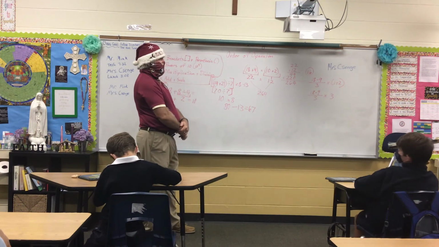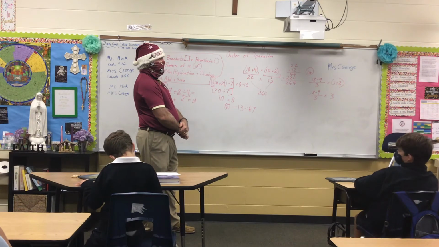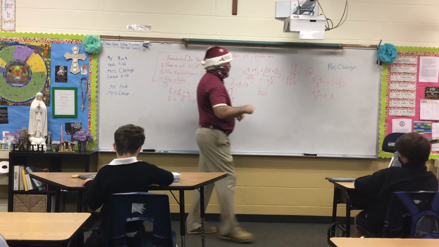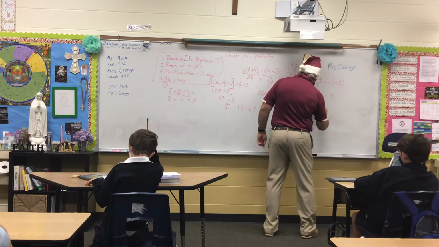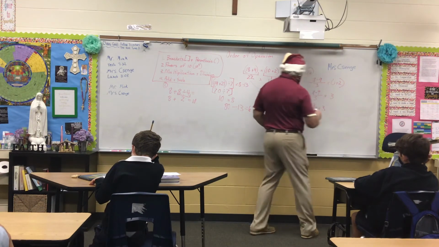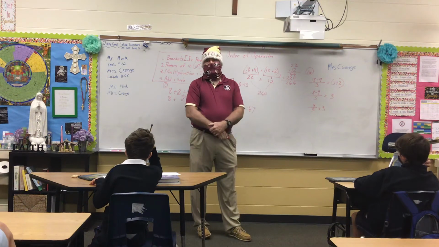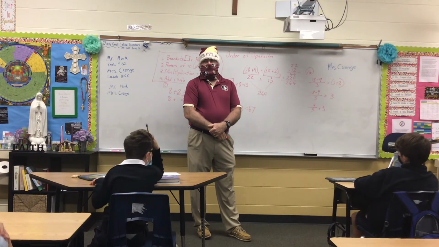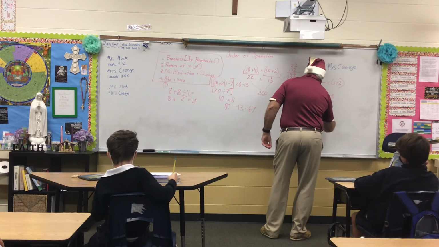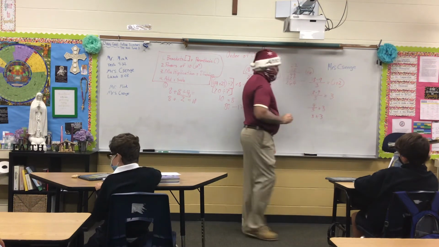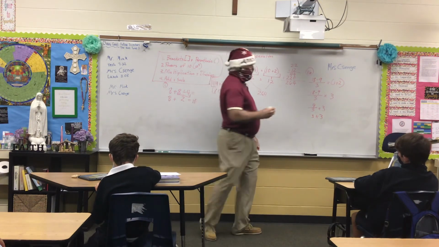And then you do the 18 minus 9, which is 9. And then 9 thirds is 3 wholes. Then you do 3 times 3, which equals 9.